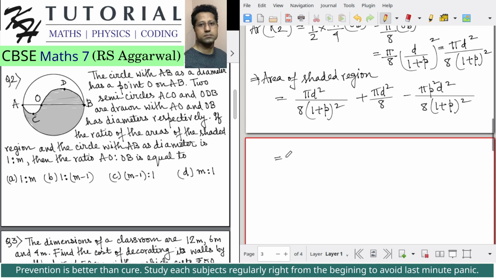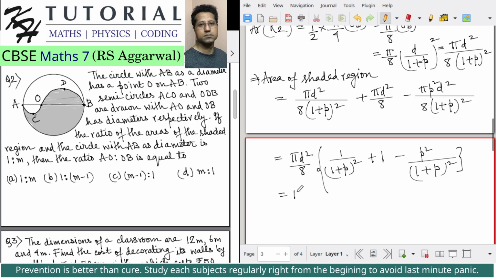Let's take pi d square by 8 as common factor. So we have 1 by (1 plus p) whole square plus 1 minus p square by (1 plus p) whole square.